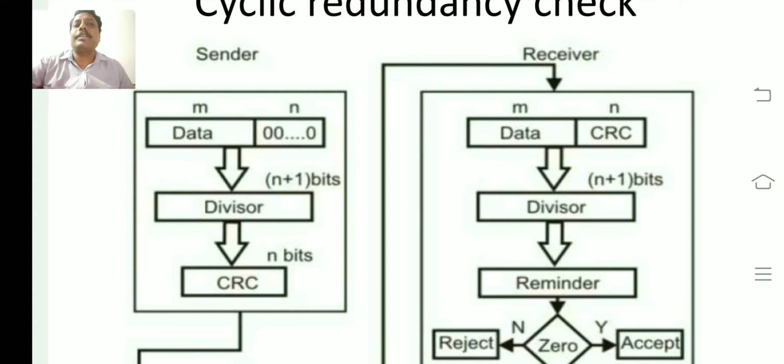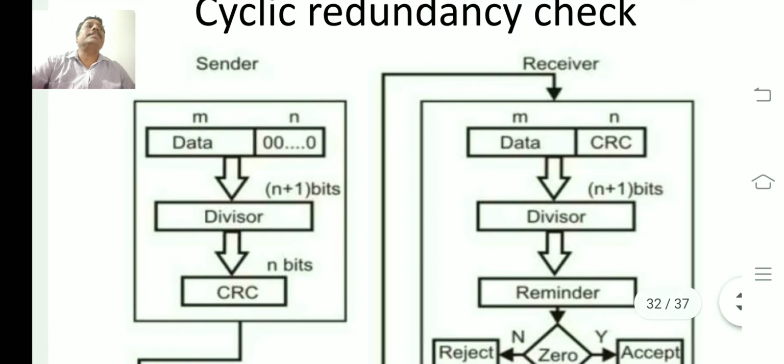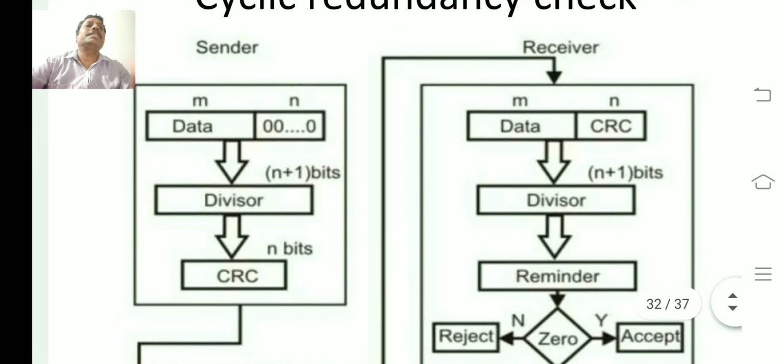You take the divisor and divide the dividend, and we get the remainder, which becomes the CRC, the cyclic redundancy check. The data with this CRC is added and sent to the destination.